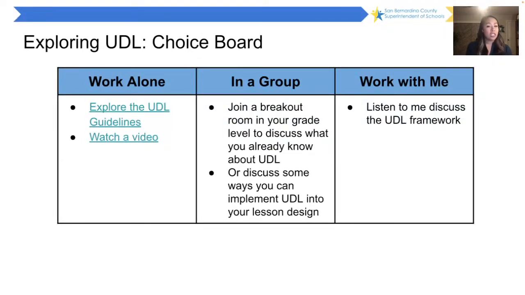So before I start unpacking this, what evidence of UDL do you see in just this choice board alone or even any of the presentation that I've done so far? So I'm going to give you guys a minute. What evidence do you already see?